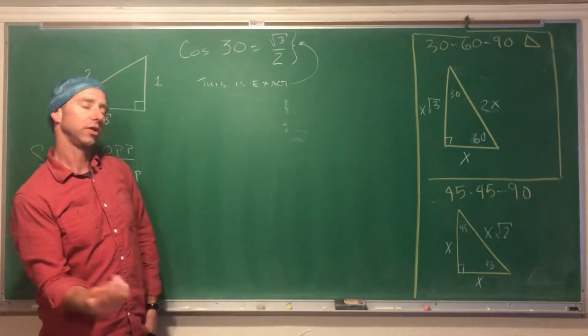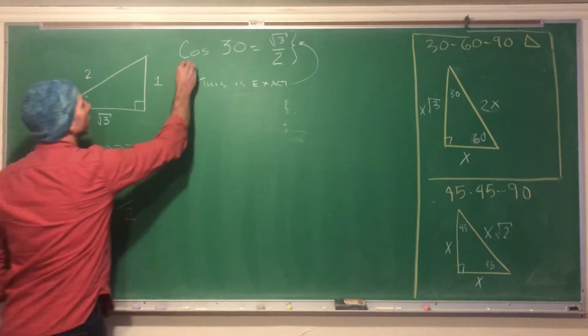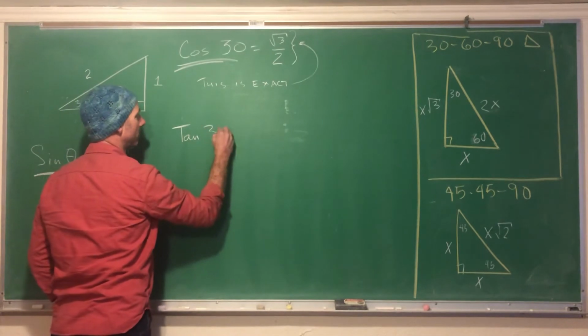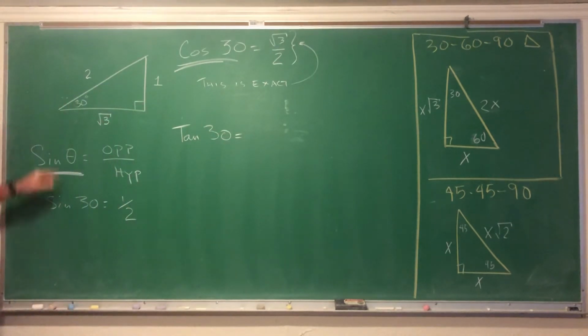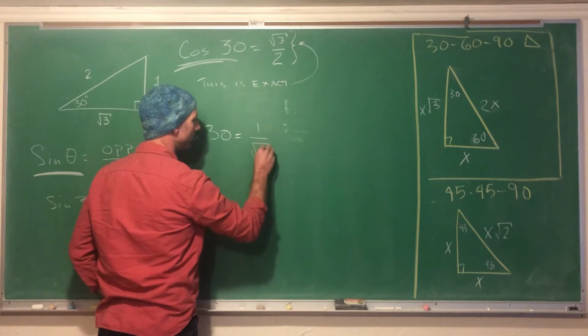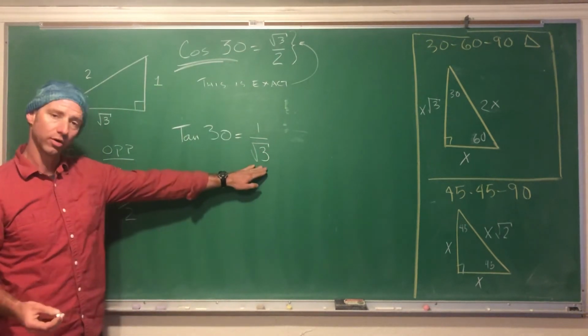Okay, finally we can do the other one. We have sine, cosine, let's do tangent. Tangent of 30 is going to be opposite over adjacent. That's 1 over the square root of 3, which we can't leave the square root of 3 down here.